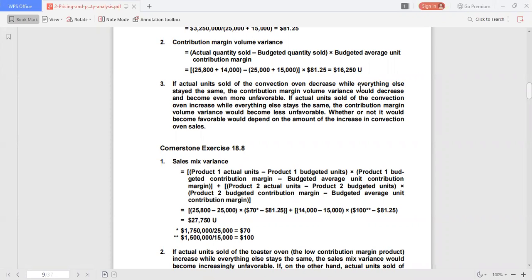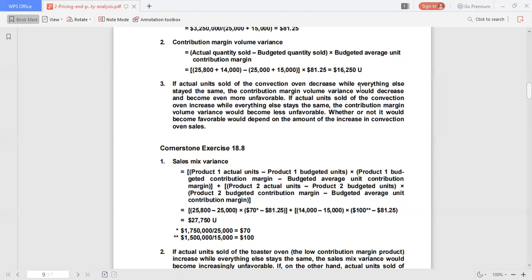In requirement number 2, what if actual units sold of the toaster oven increase? How would that affect the sales mix variance? What if actual units sold of the convection oven increased? How would that affect the sales mix variance?